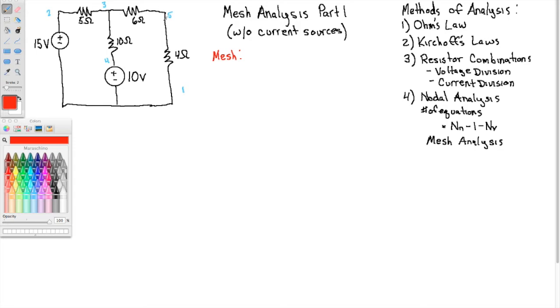Then there's this loop here on the right, 3 to 5 to 1 to 4, back to 3. But there's also the big loop. 2 to 3 to 5 to 1, back to 2. So 3 loops here, but a mesh is a loop that contains no other loops.